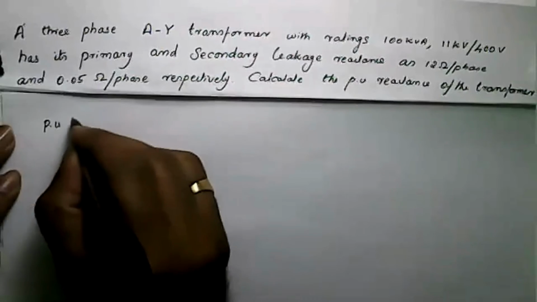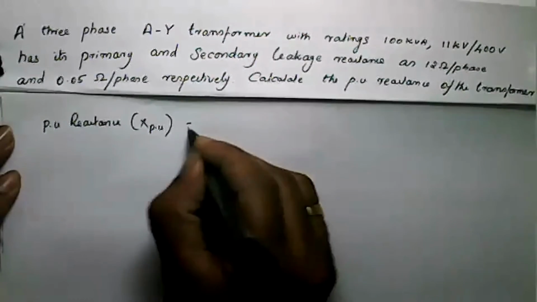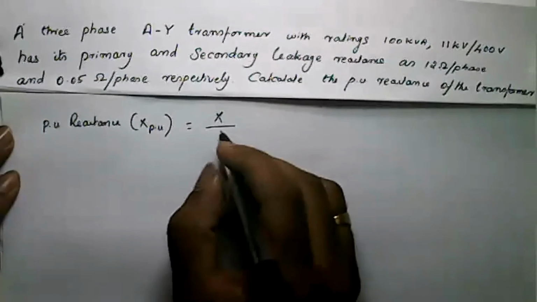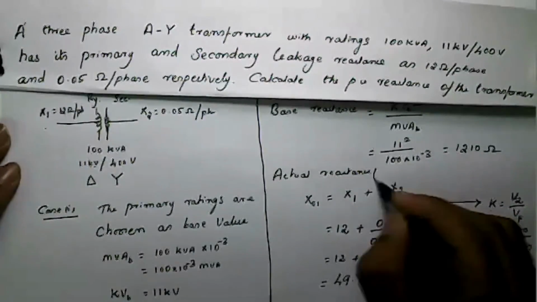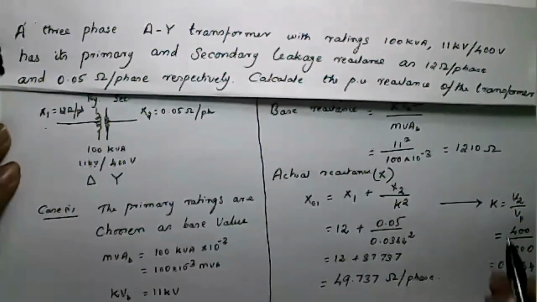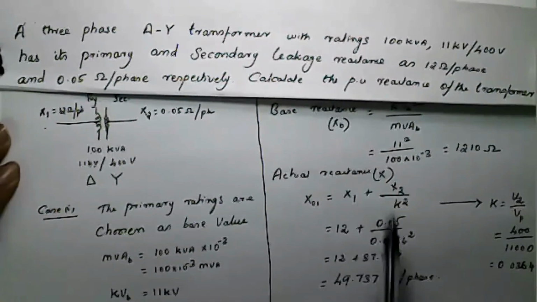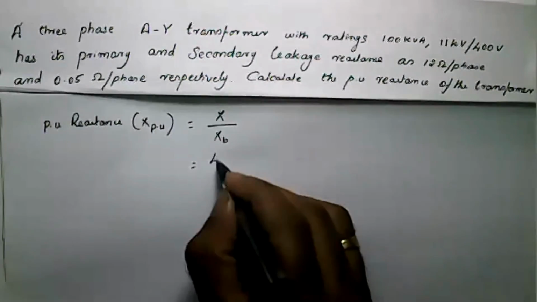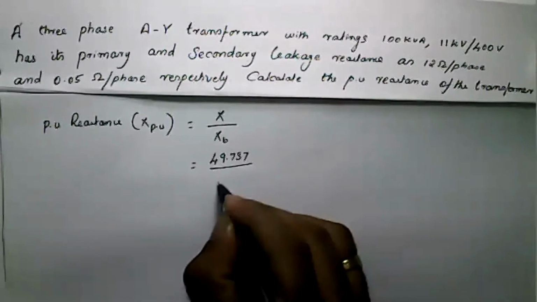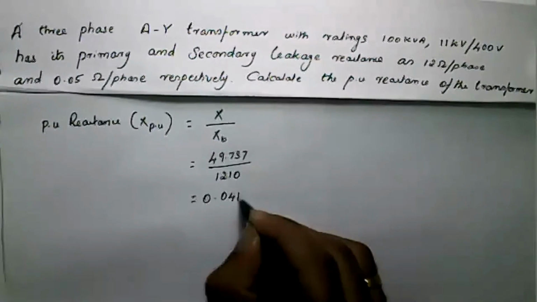X per unit is equal to actual reactance divided by base reactance. Here, this is the actual reactance and this one is the base reactance. Base reactance value is 1210, actual reactance value is 49.737. Substitute here. That is equal to 49.737 divided by 1210, which is equal to 0.0411 per unit.